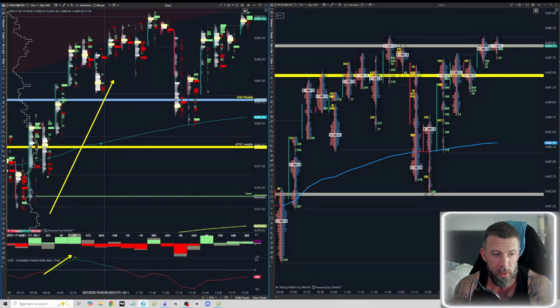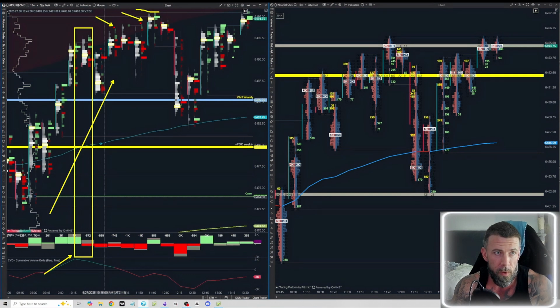When CVD makes a high, we want to be making highs on price as well. But when price continues to make new highs, and then the cumulative volume delta does not, then what we're looking for is who's really stuck, right? Who's stuck? So we're going to start looking at what is happening in the market.